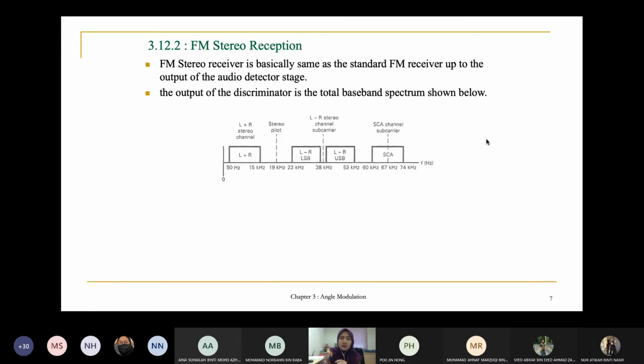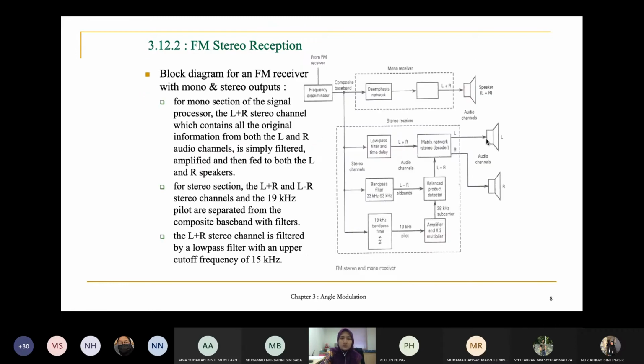Now let's look at the reception. This is the block diagram for the FM stereo reception. Here you can see the comparison between monophonic and stereophonic.